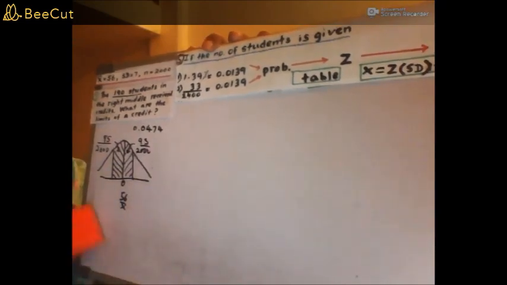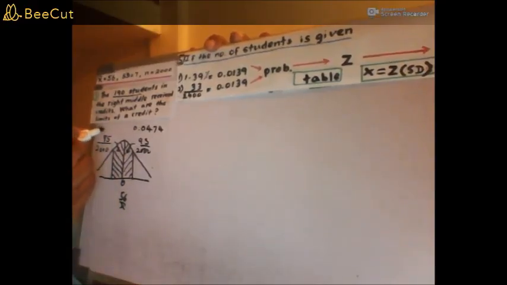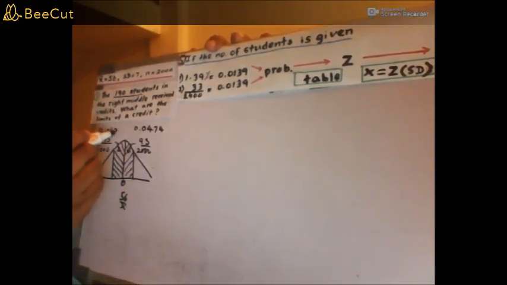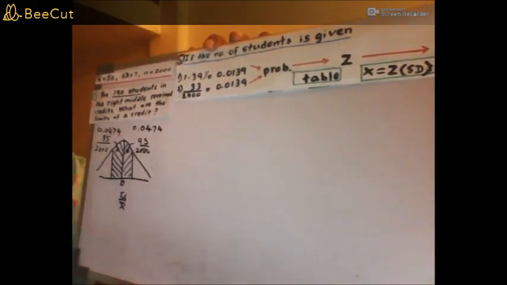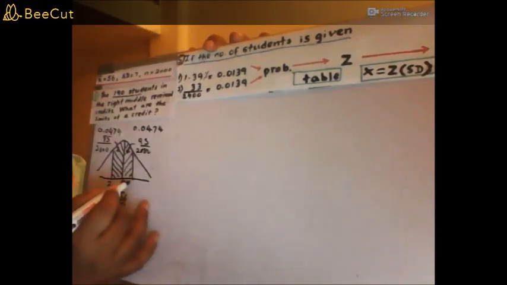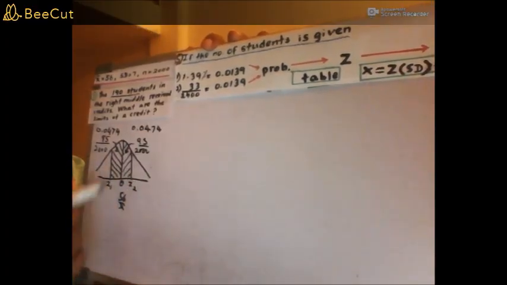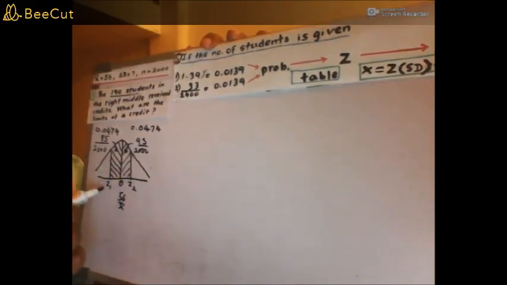Right. So this side it's 0.0474. This side is also the same, 0.0474. Right, we'll write that line. Here we name this side Z1, Z2. Since there's no difference here, we don't have to deduct anything, just Z1, Z2.